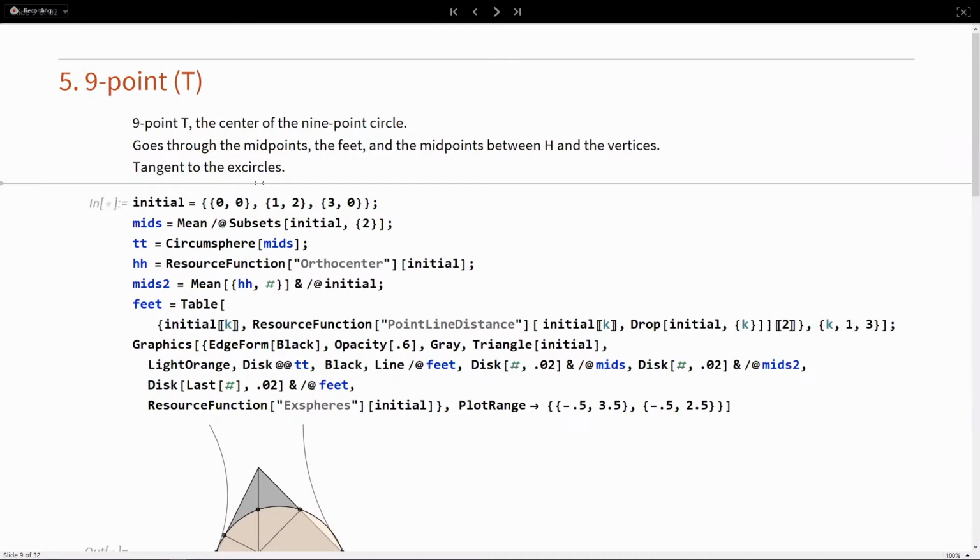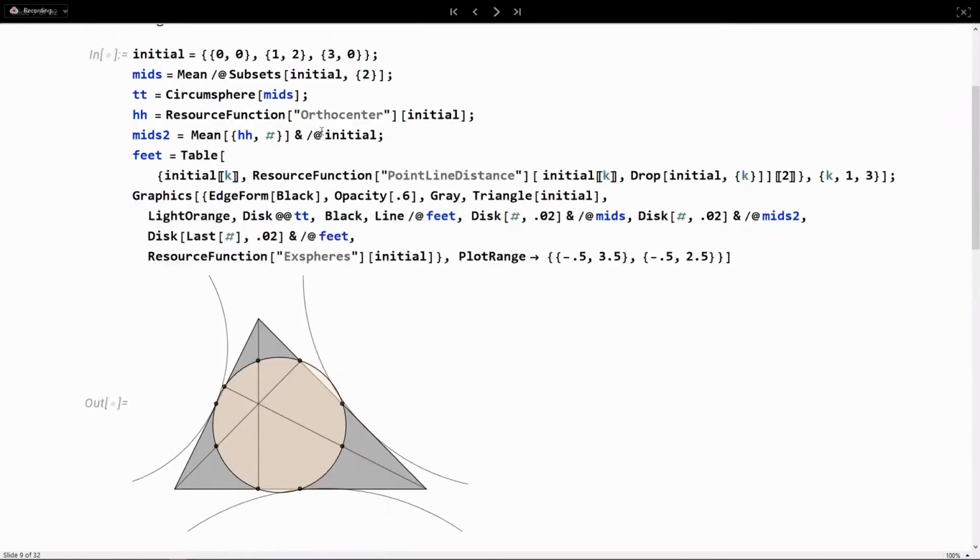The 5th well-known triangle center is what's called the 9-point center. If you take the altitudes, for example, this line here is an altitude, you can get these 3 altitude points. And if you take the midpoints, these 3 points here are the midpoints of the edges.